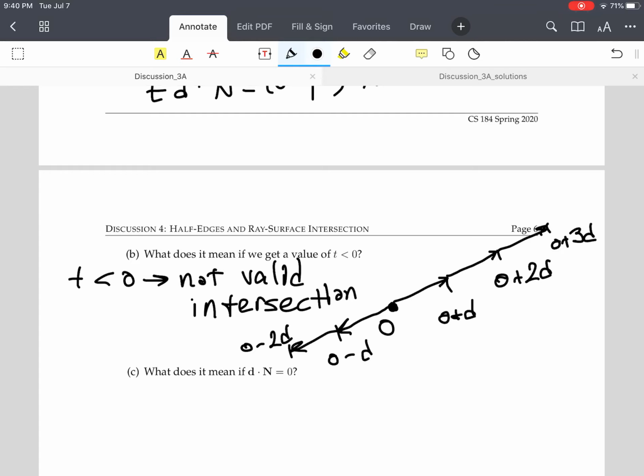Essentially, if time went backwards and the ray went backwards, maybe, but that doesn't happen. The ray moves forwards in the direction, so it's never going to intersect this. And so that's what it means when we get a value of t less than 0.